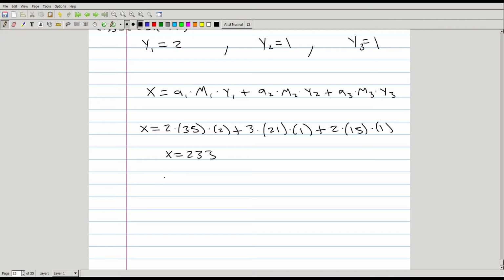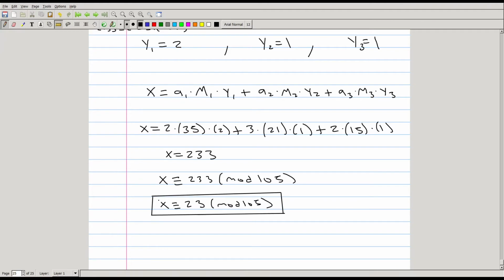So our solution is x is congruent to 233 mod m, which is 105, or x is congruent to 23 mod 105. And this is the solution to Sun Tzu's word problem.